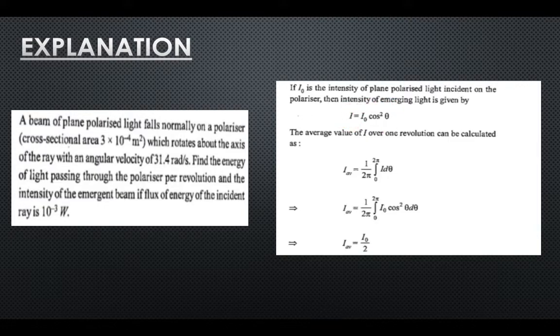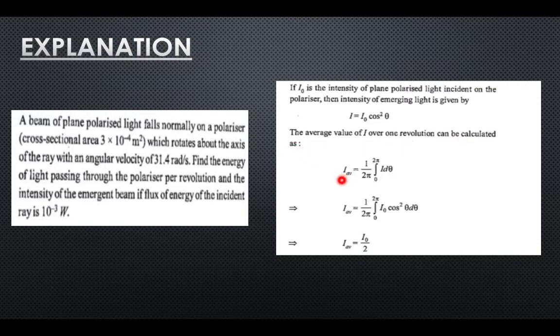Now calculating the average value of intensity over one revolution, as the polarizer is moving with an angular velocity of 31.4 radians per second. We are finding the general equation for that.